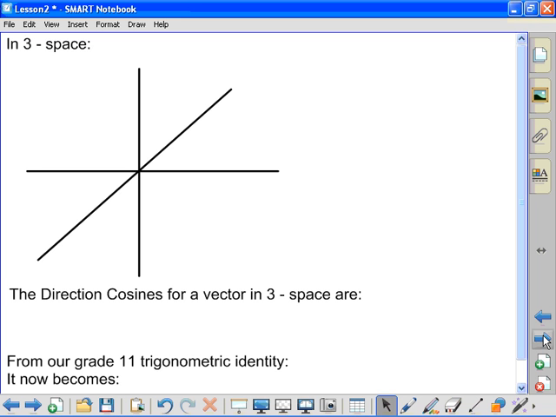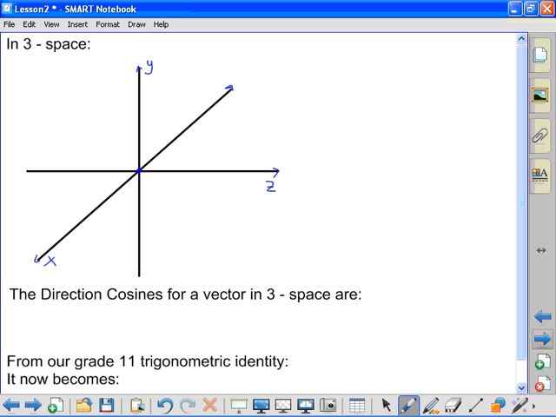So in 3 space, what happens if we have a coordinate? This is my origin. I'm always backwards to the textbook. Try my best. I think this is the x, then this is the y, and this is the z. If it's not the same as the textbook, it doesn't matter. It all shakes out in the end.